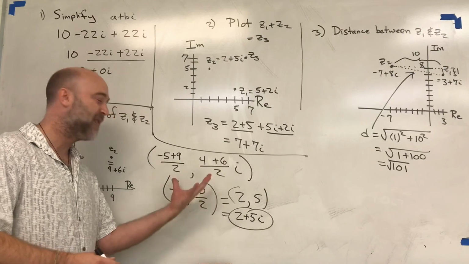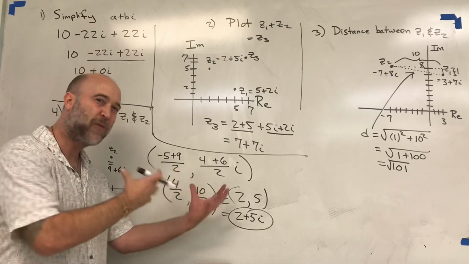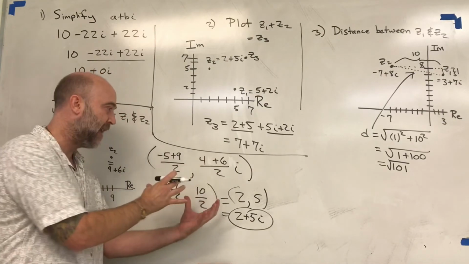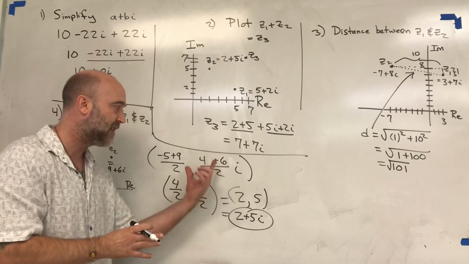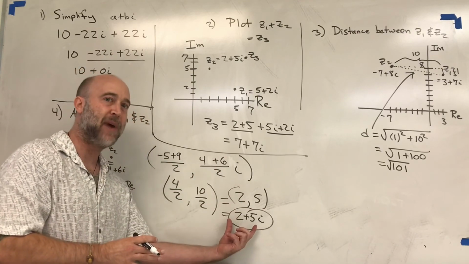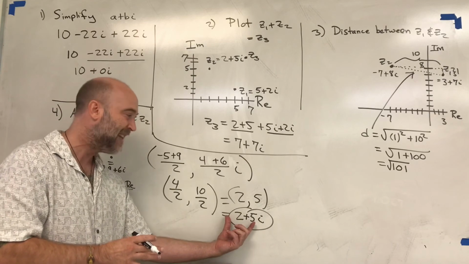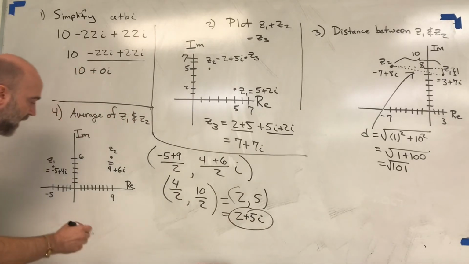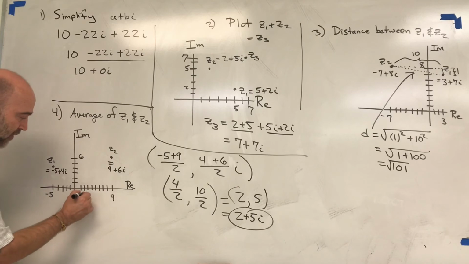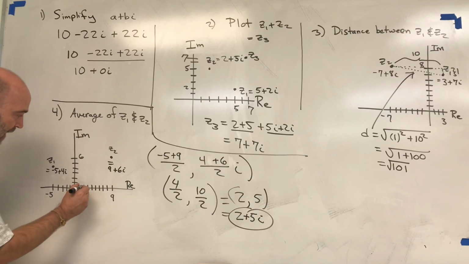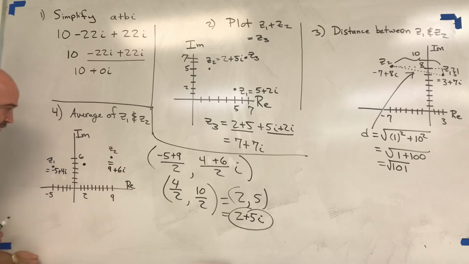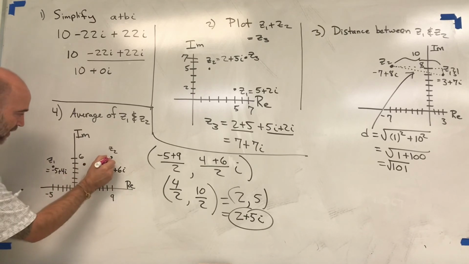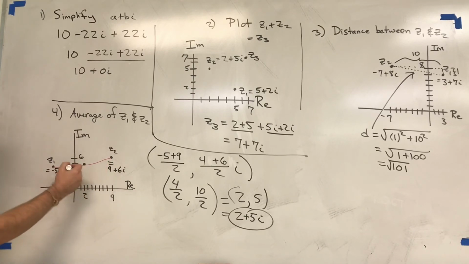So this is kind of like a placeholder for me to help get my feeling into it. And then once I use that to help me get through it, then I'll bring it back into the format that it needs to be. So 2 plus 5i. So 2 on the real scale and 5 on the imaginary. And notice that does look like it's kind of in the middle between those.